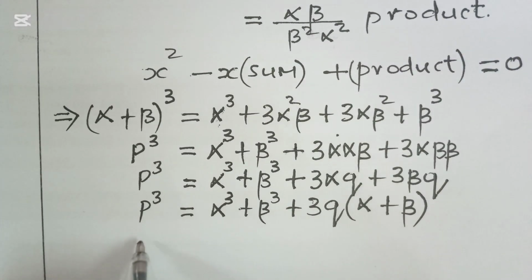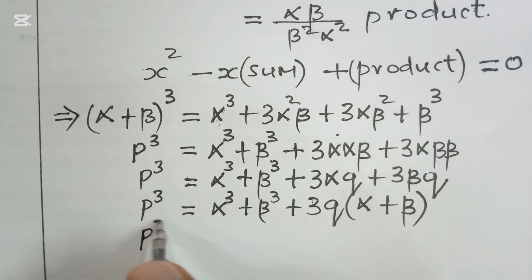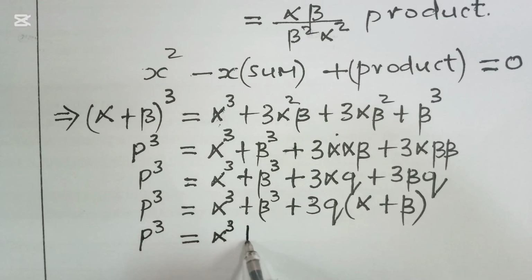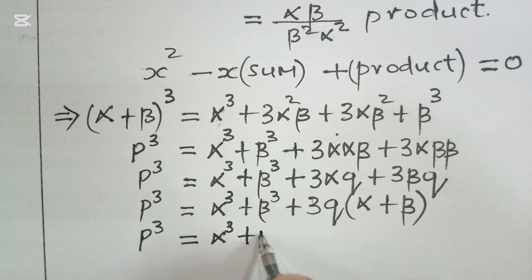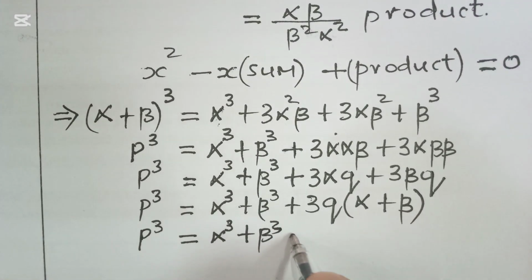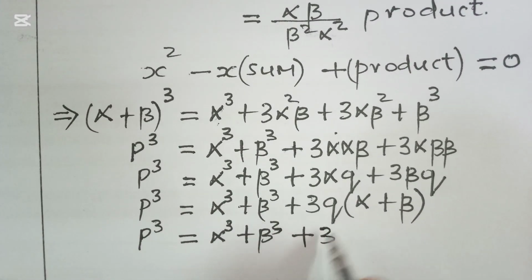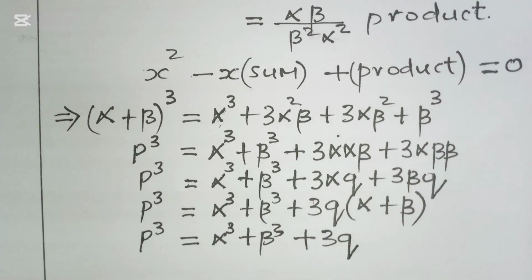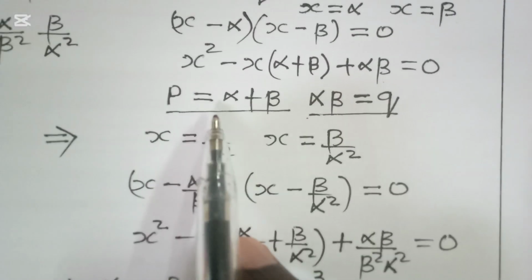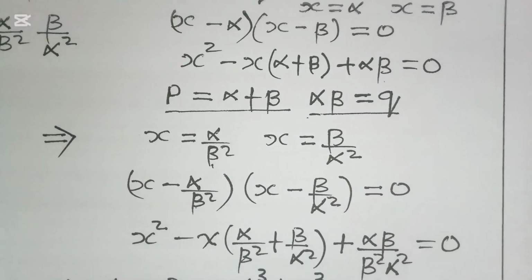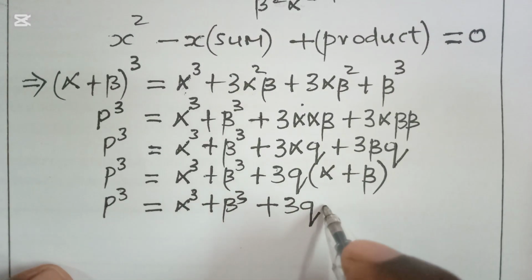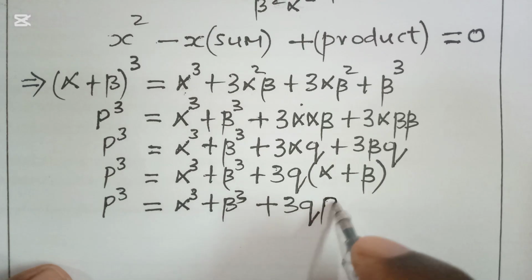But before I do that, let me replace p cubed is equal to alpha cubed plus beta cubed. This is what we are looking for. Plus 3q. Guys, alpha plus beta is supposed to be p from here. So that's what I'm writing now. This is now going to be p, like that.